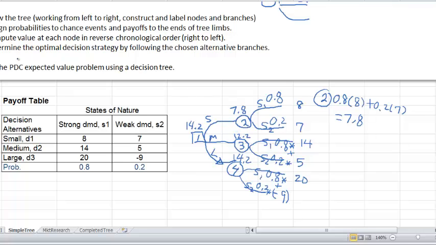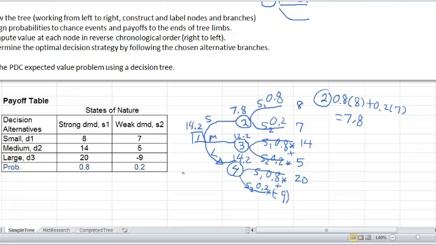Now, when you're done calculating the values at all the nodes, then we determine the optimal decision by following the chosen branches, that is, alternative branches that were chosen. Now here, starting from here, there is really only one decision to make, and we would go this way, build the large condominium complex, and there's no more decision after that. So that would be the answer.